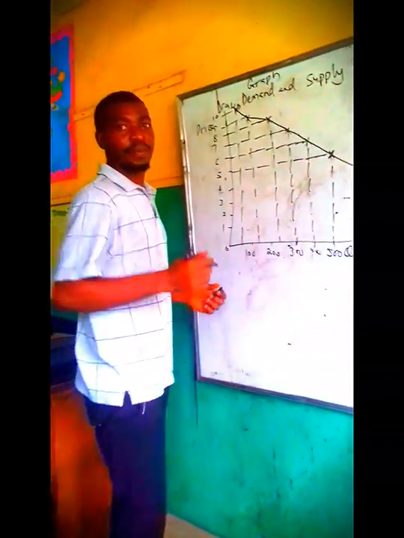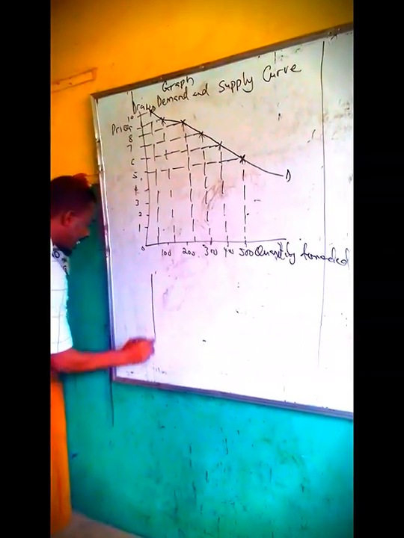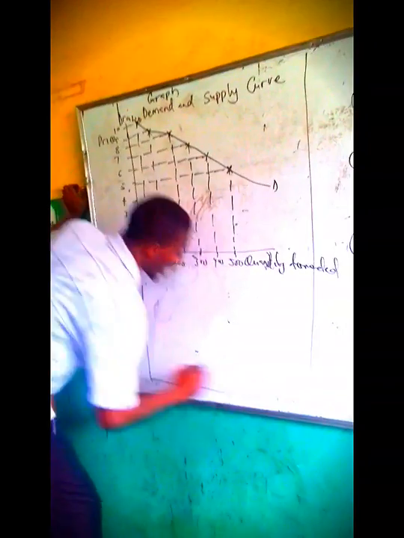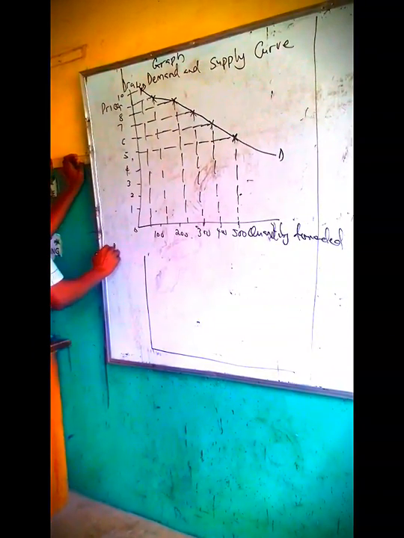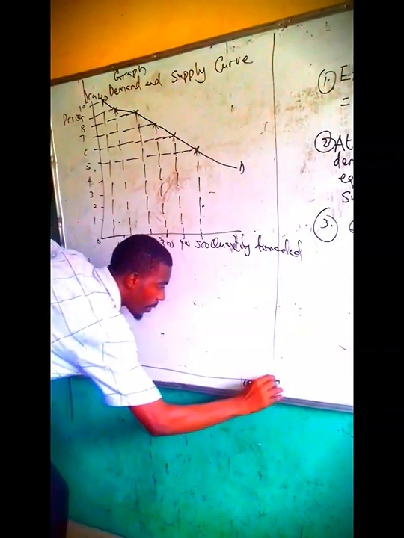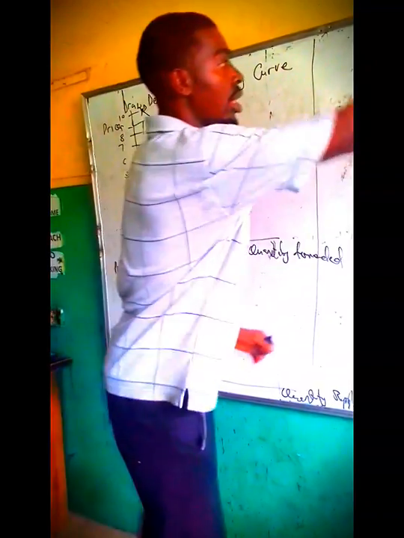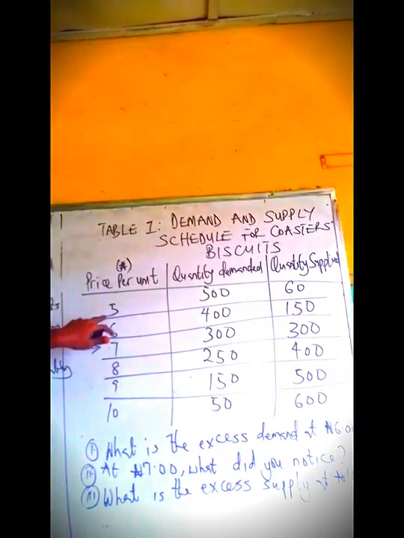Look at the relation between price and quantity supplied. The same thing applies. You draw the vertical line and the horizontal line. On the vertical line, you have price. On the horizontal line, you have quantity supplied.